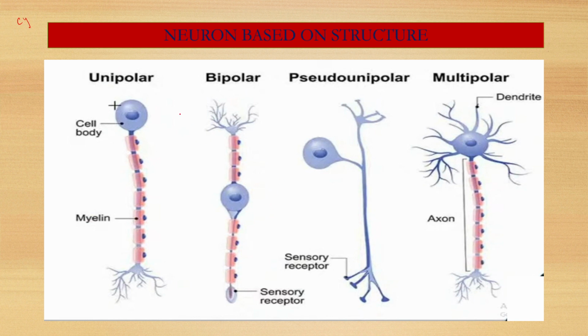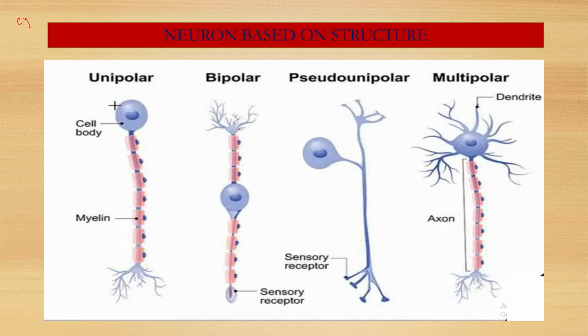On the basis of the number of axons originating from the cell body, it may be unipolar, bipolar, pseudo-unipolar and multipolar. Unipolar means there is a single cell body and a single process originating from the cell body, that is the single axon. So this type of neuron is unipolar.